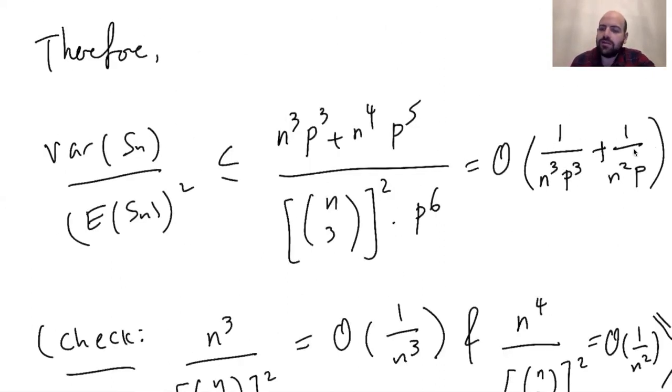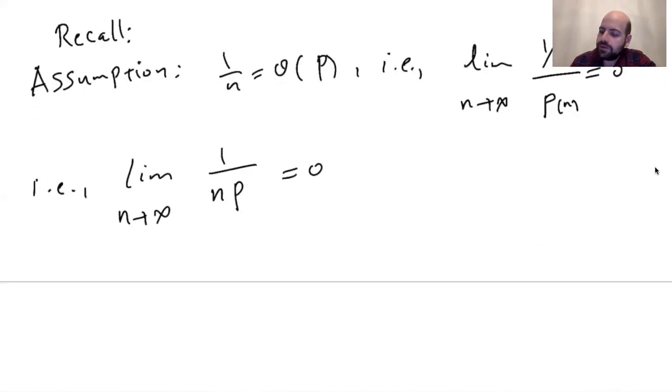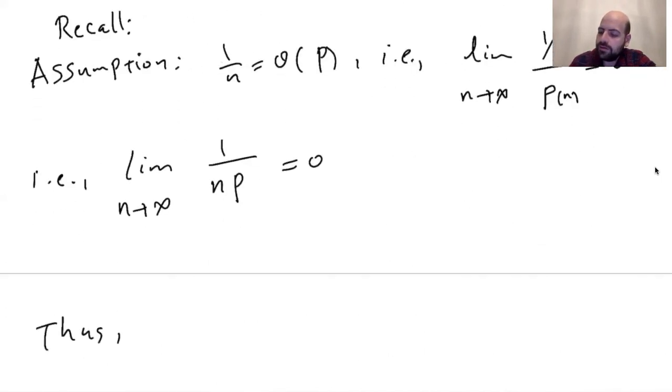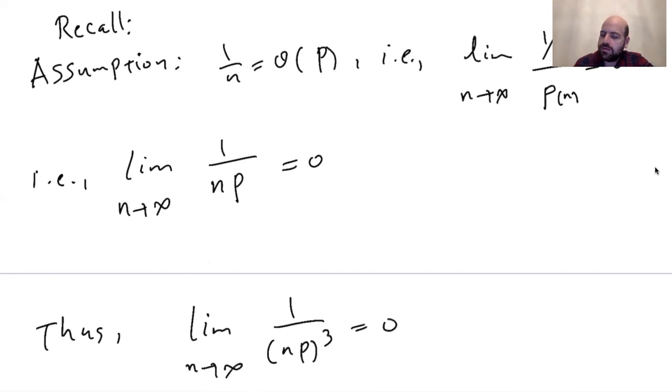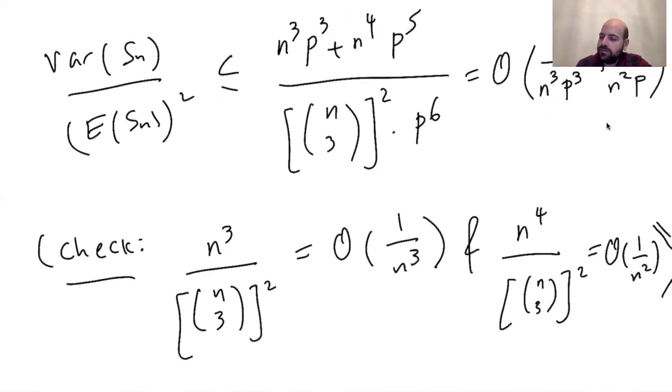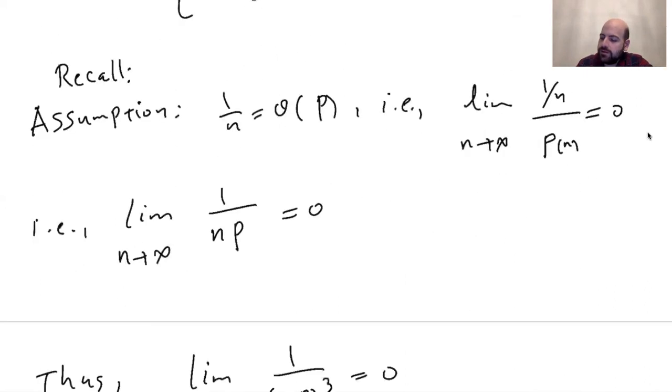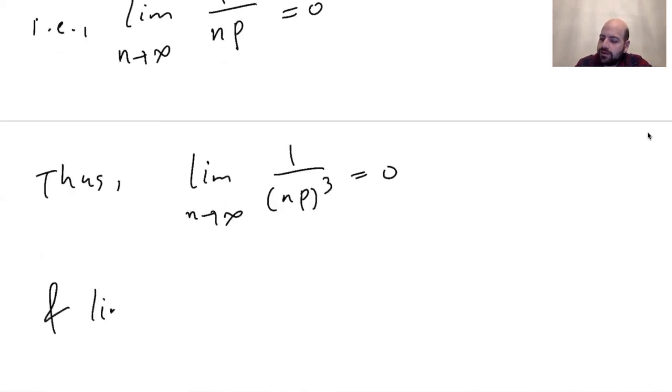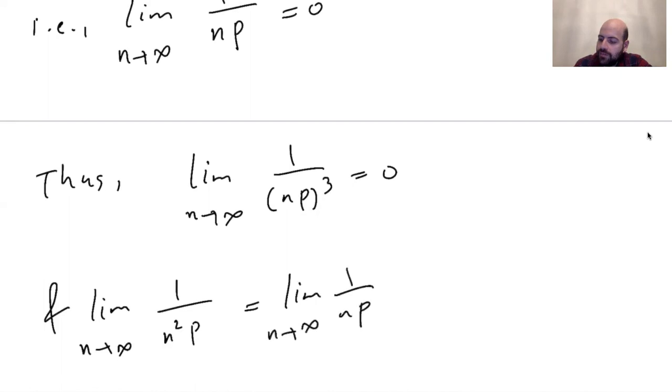So this guy is 0, this guy is 0 too. Limit 1 over np to the power 3 is 0, which is this term here. And the second term, 1 over n squared p, and limit 1 over n squared p, I can write as limit 1 over np times limit 1 over n. This is also 0.